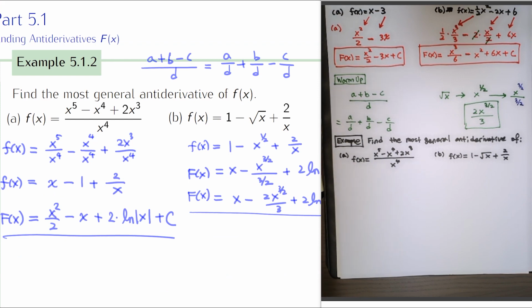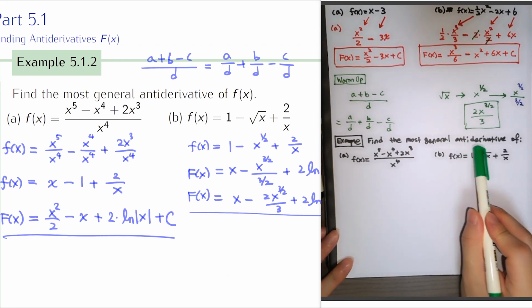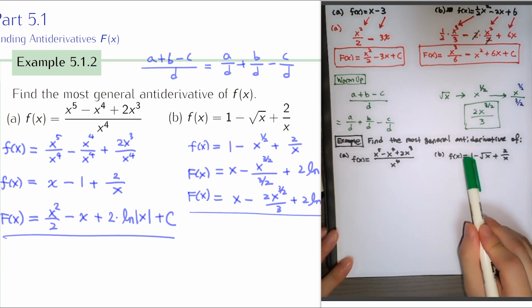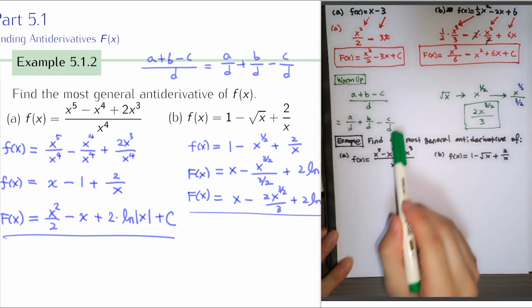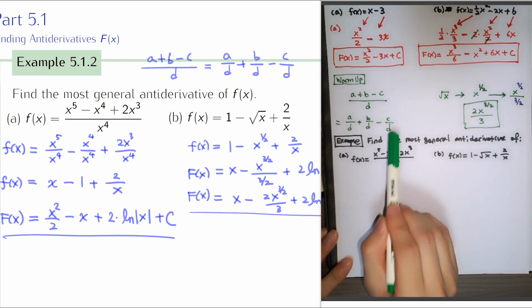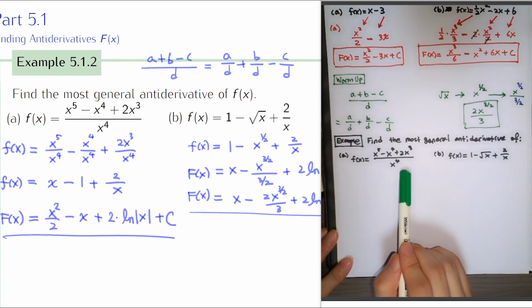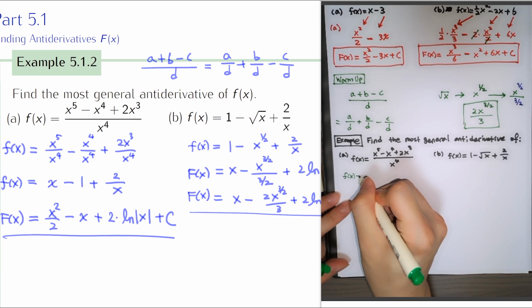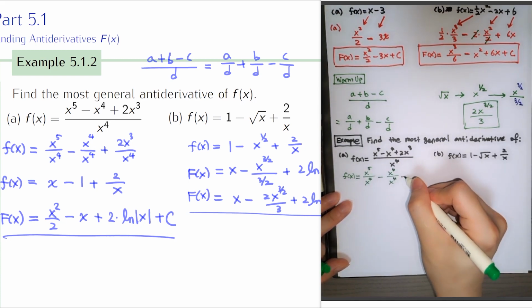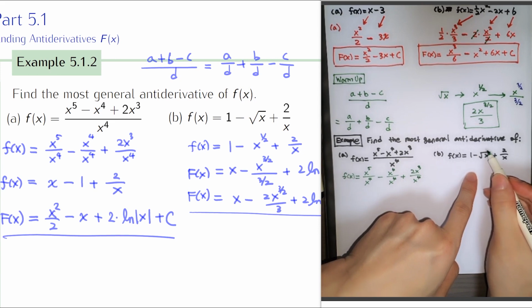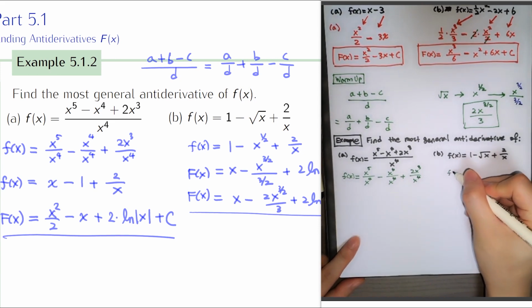Here's the next example. Find the most general antiderivative of this function and this function here. From the warm-up question above, we can split this one fraction into multiple parts. So we can also do that for this function as well. In other words, x to the power of 5 over x to the power of 4, and so on. For this one, we can change the square root expression as well, like this.